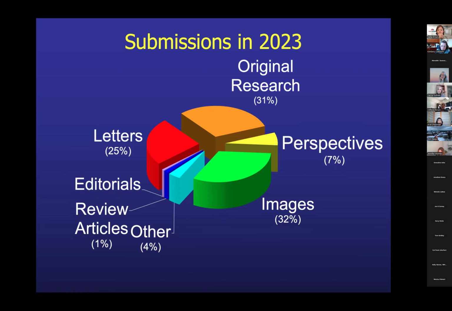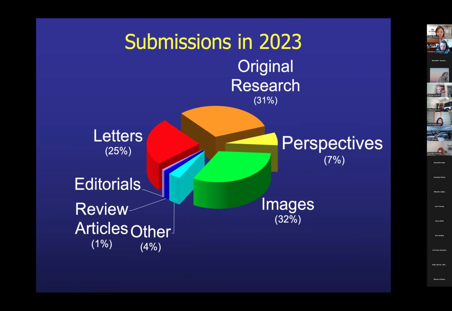So this is the submissions for New England Journal, and you can see that original research is only about a third of what they get. We publish a lot of letters, and review articles are very limited. Images down here, images in New England Journal are pictures of clinical cases, and they are the most widely submitted section of the journal.